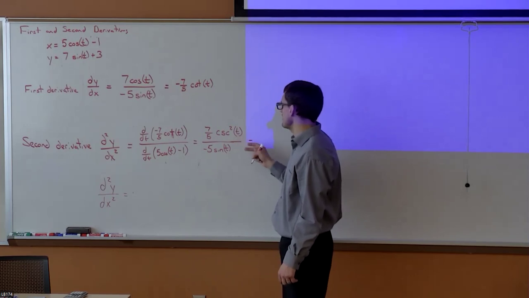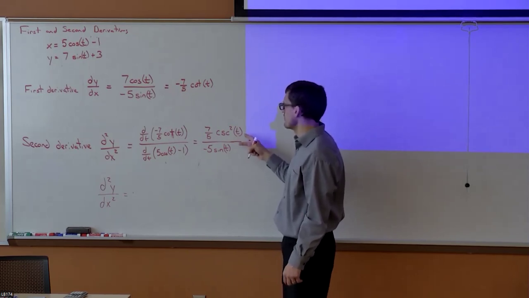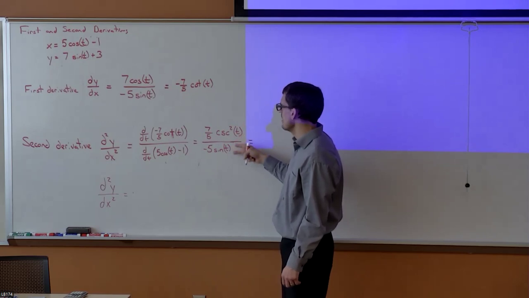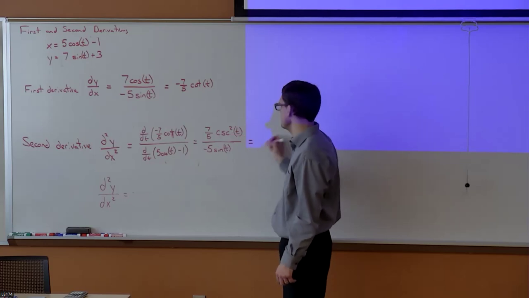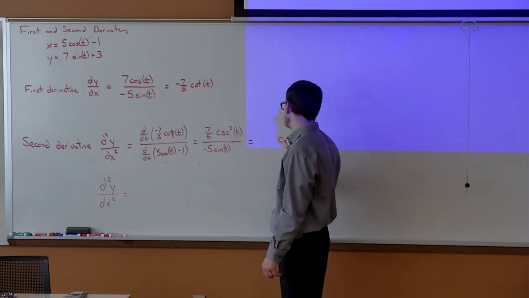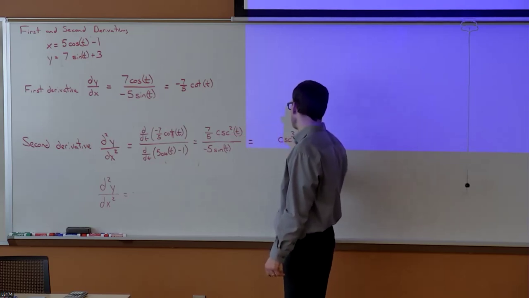So you can write this a number of different ways. You can write cosecant as 1 over sine here, but I'm just going to say, oh, 1 over sine is another copy of cosecant. So that's actually cosecant to the third.